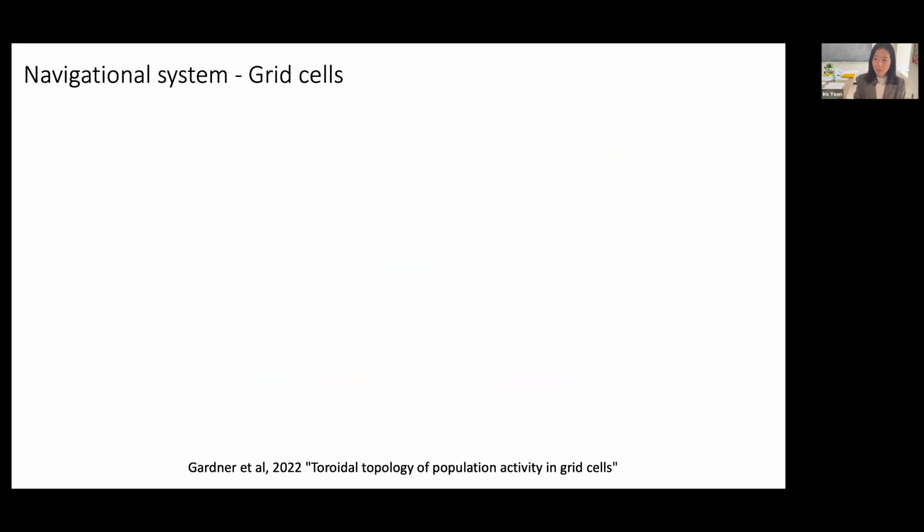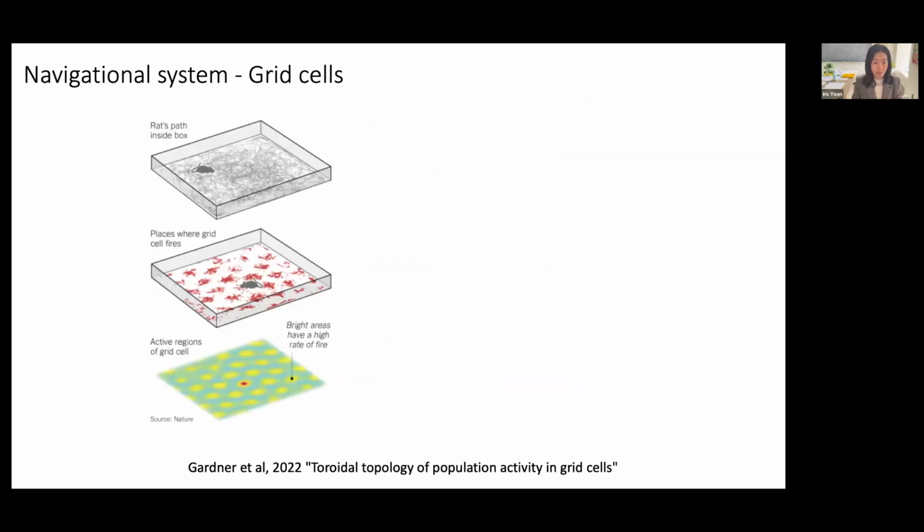Let me introduce one more type of cell because these are very cool. And these are called the grid cells. So they're also part of the navigational system like before, except that instead of a single neuron firing in response to one particular location in space, the grid cells now fire in response to multiple locations that are spread out along the space.